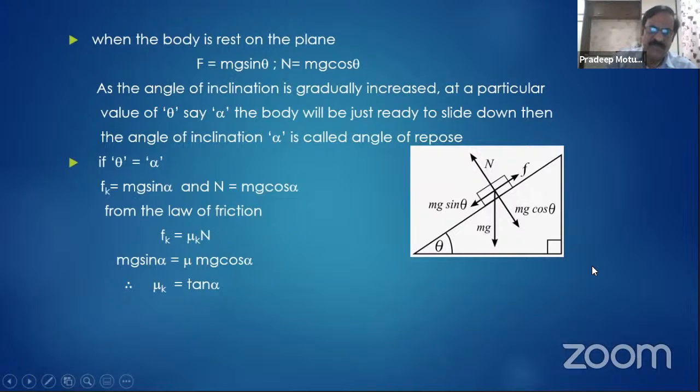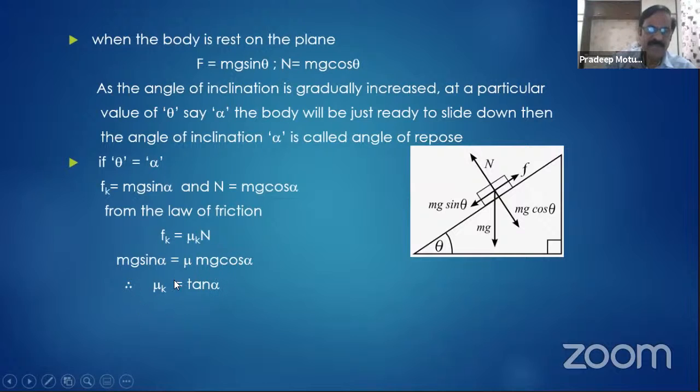From the laws of motion, Fk is directly proportional to the normal reaction, so kinetic friction is equal to mu k into N, where mu k is the coefficient of kinetic friction. What is Fk? Here the value is already there: mg sin alpha equals mu k times mg cos alpha.